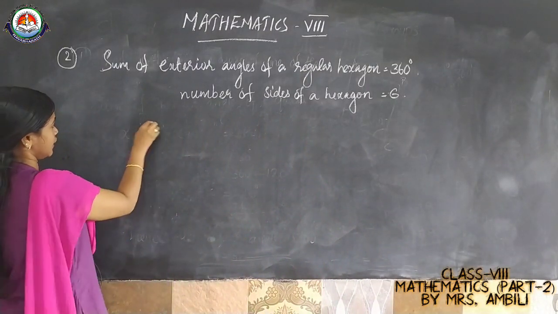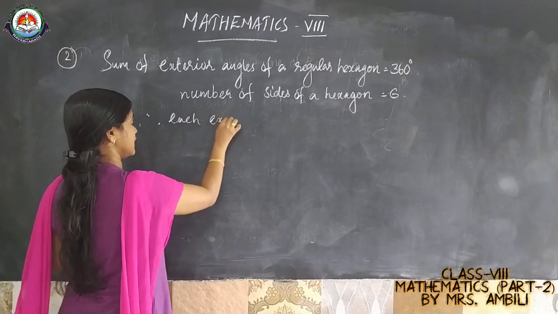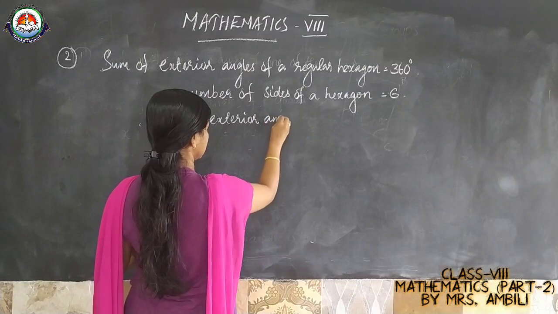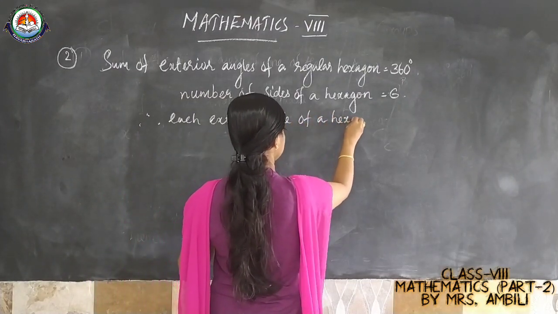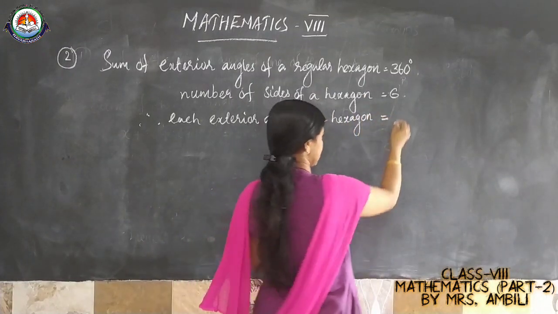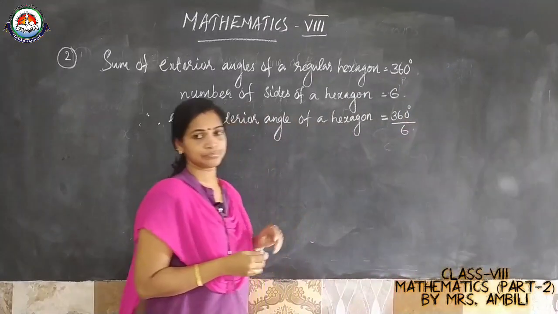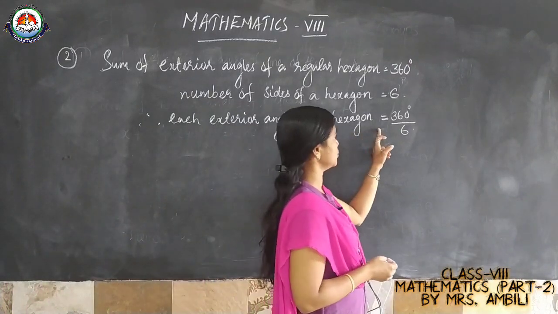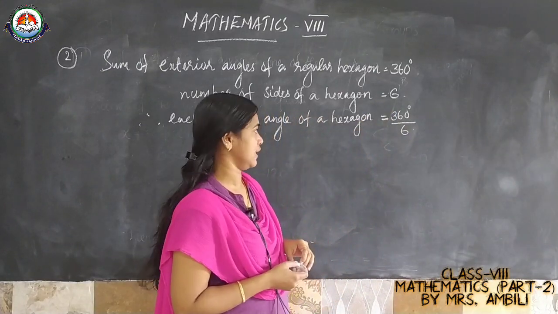Therefore, each exterior angle of a hexagon is equal to 360 divided by 6, where 6 is the number of sides.